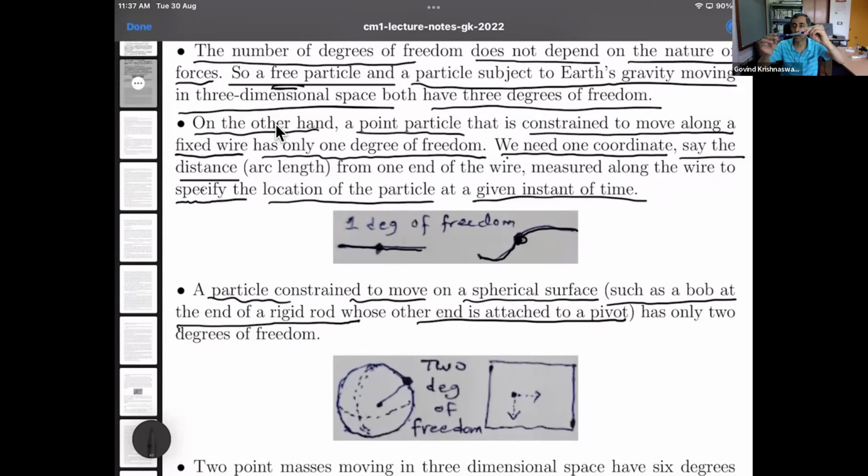And this end of the pen, the clip of the pen, has to move only on a sphere, right? Because the other end of the pen is held fixed, so it cannot go farther and nearer. It has to move on a sphere. Such a bob has 2 degrees of freedom because it can move on the surface of a sphere.